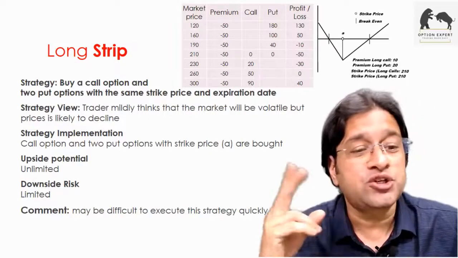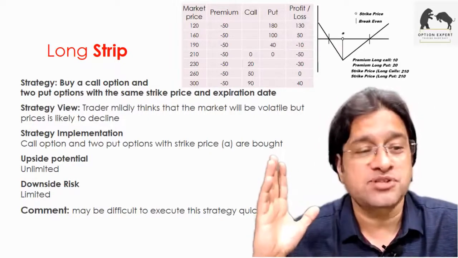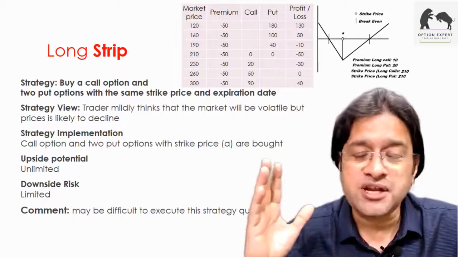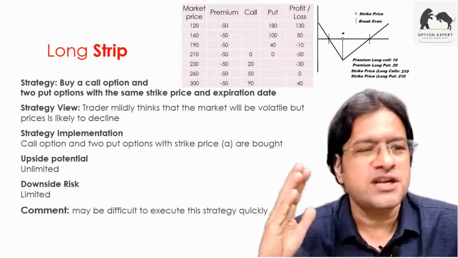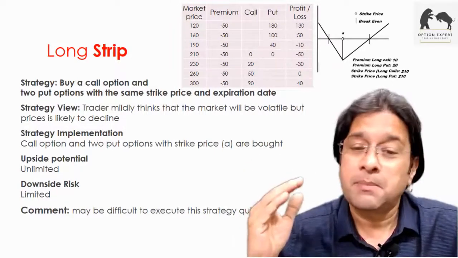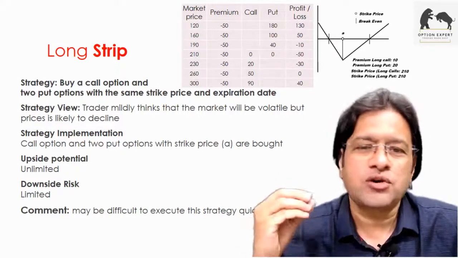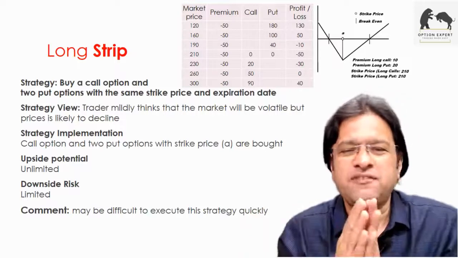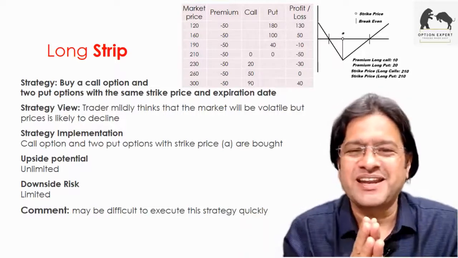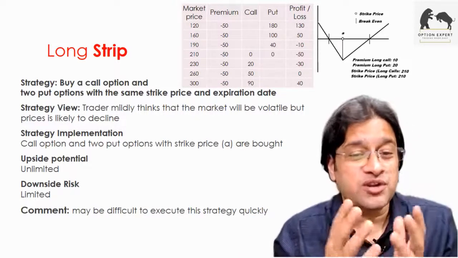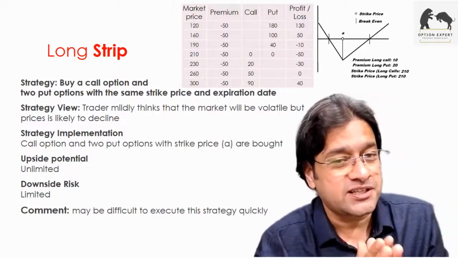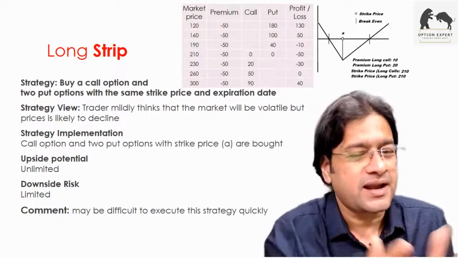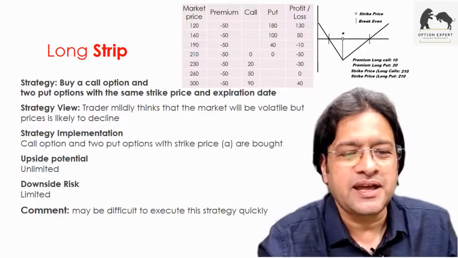The money-making potential is unlimited, but downside is limited, as you're only buying. Again, it may be difficult, but when you are certain of what you are seeing in the market, then definitely this position can be taken.